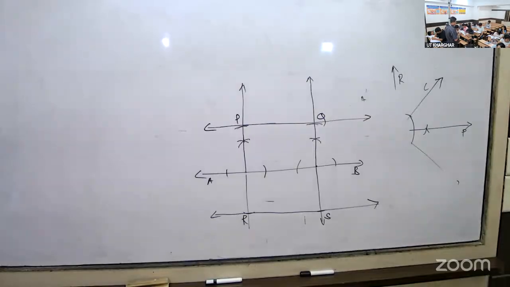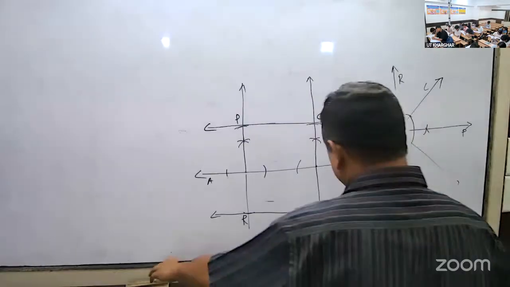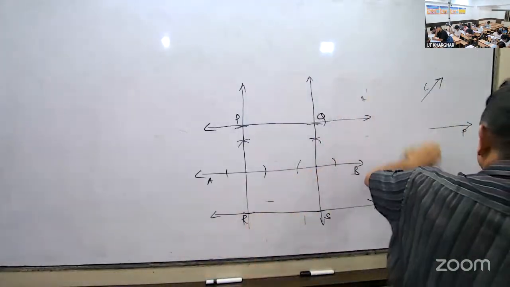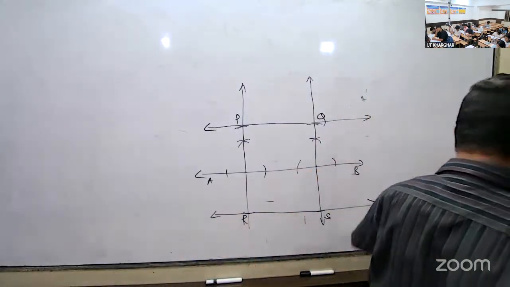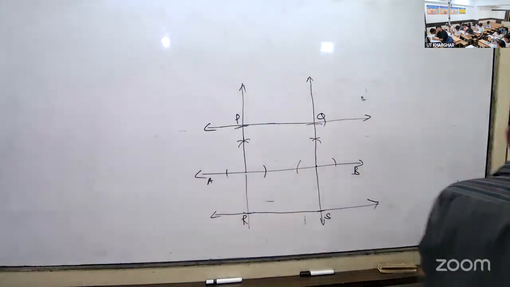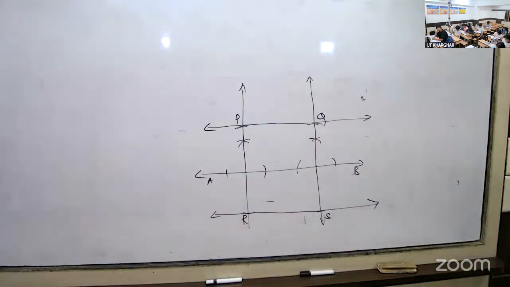Therefore, Q is a point on the perpendicular bisector. Hence, Q is equidistant from A and B.